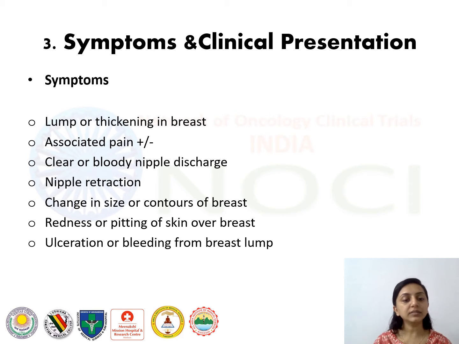There can be redness or pitting of skin over the breast, ulceration or bleeding from breast lump. Now, apart from these symptoms, if the disease has spread beyond the breast tissue and has started involving the lymph nodes or the distant organs, then there are symptoms depending on the organ that has been affected.